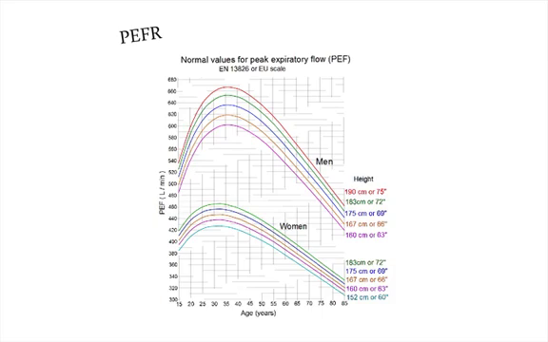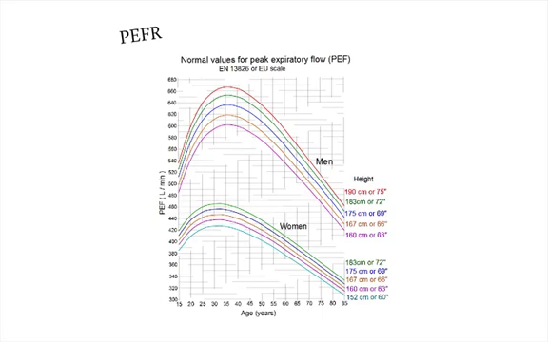So I want to look at the blue line, and I'll go up on 26, all the way up here to hit the blue line and go across. My predicted value is around 610, something like that. My actual value, I'll be lucky if I get 580, and that's because I'm asthmatic. So my peak expiratory flow rate is reduced based on my predictive because I have asthma.